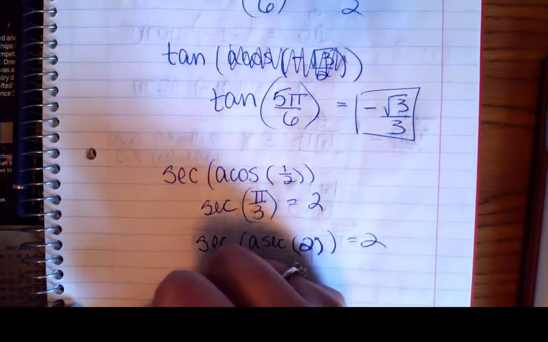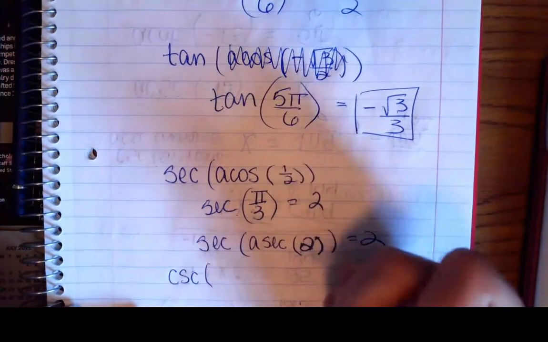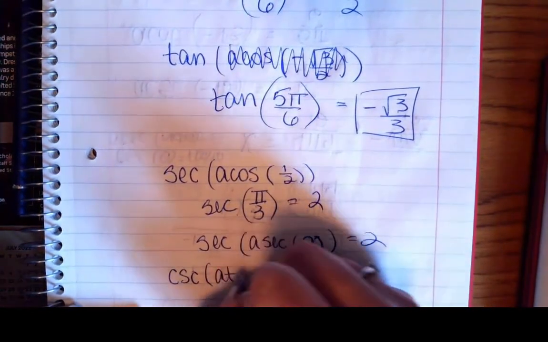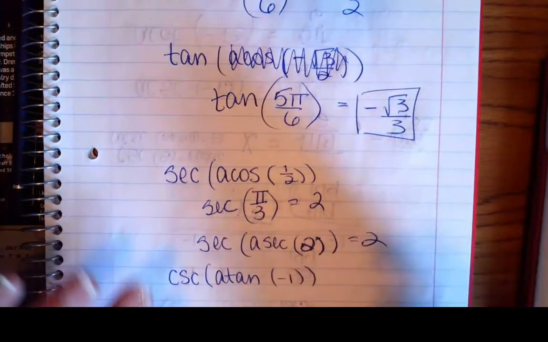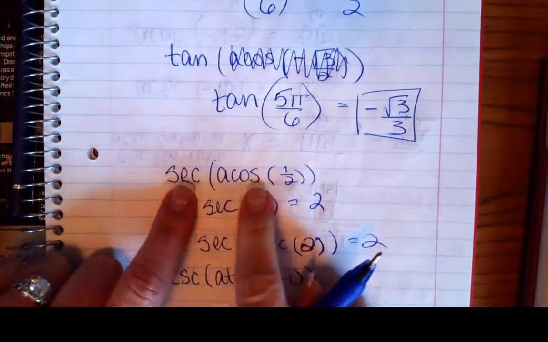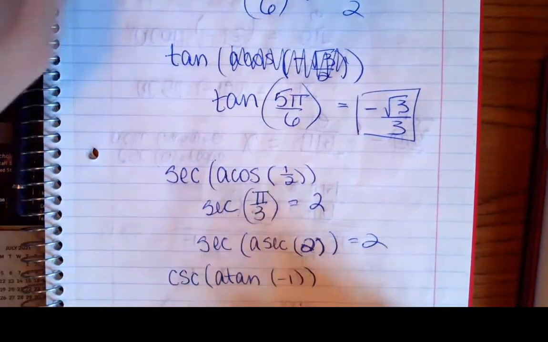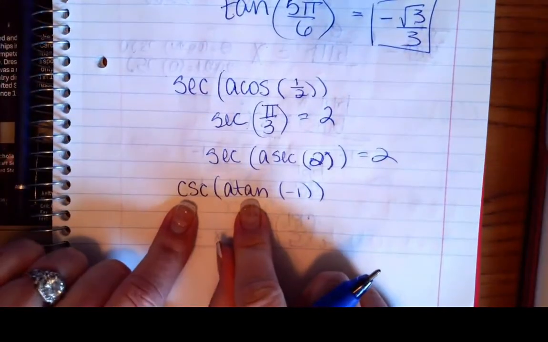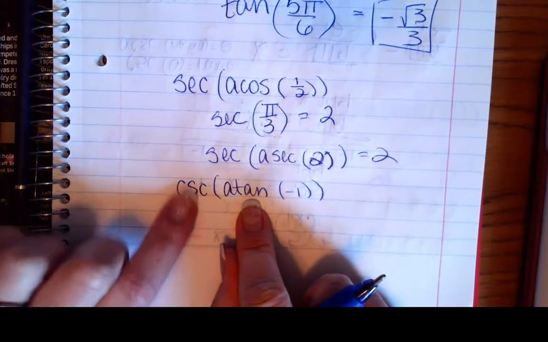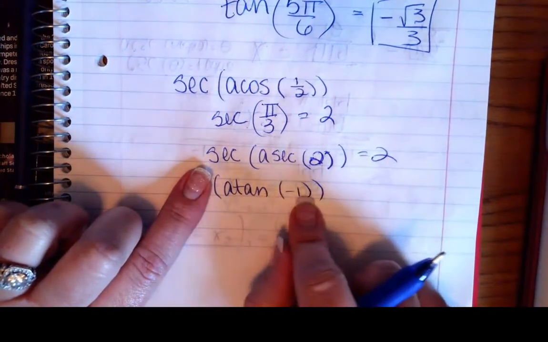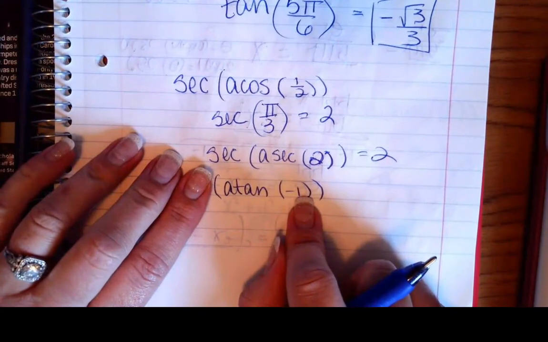So let's do the cosecant of the arc tangent of -1. Again, these don't have a relationship. These ones did, so I thought it was kind of cool. These ones don't have a relationship that's very upfront. So where does tangent have a ratio of -1?